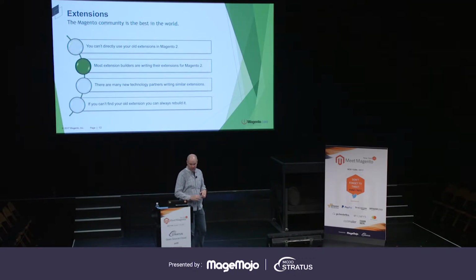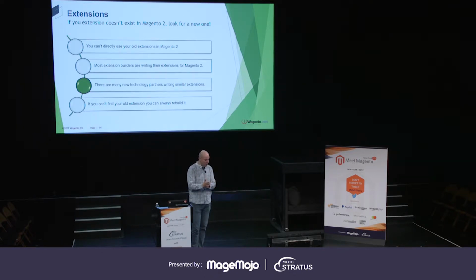Most of the bigger vendors have already written extensions for Magento 2, and if they haven't, then there's a reason, and there's an opportunity as a company to review why that extension was there and to make it better or rewrite it.